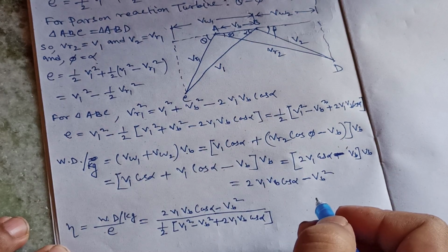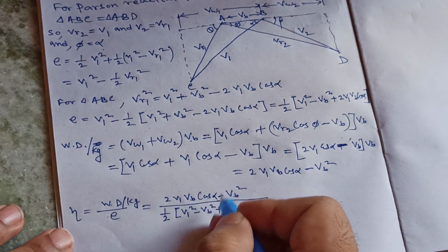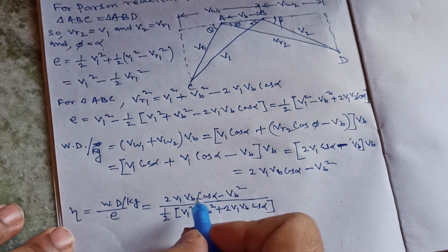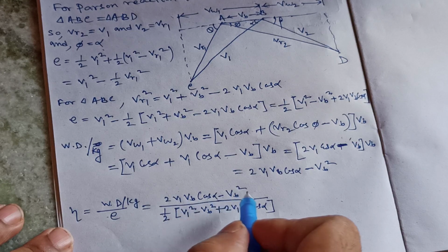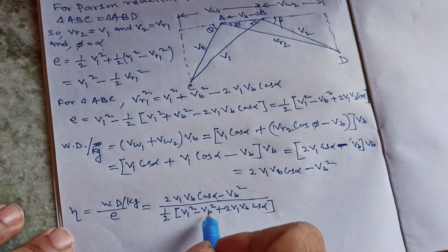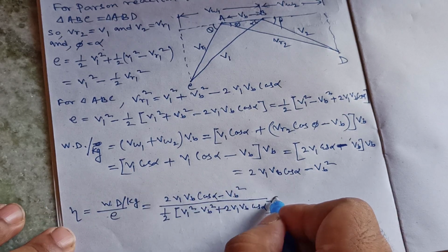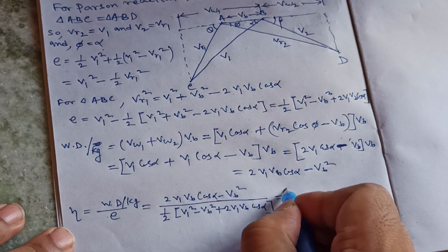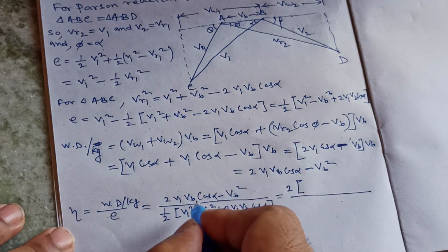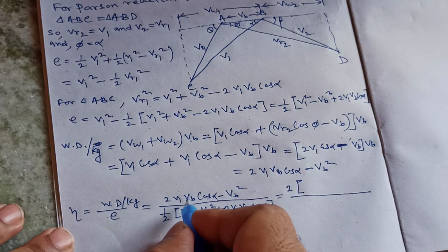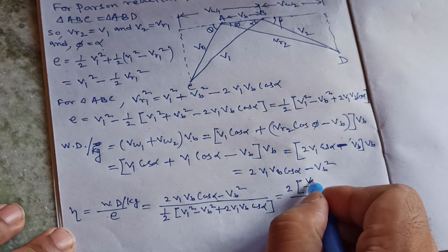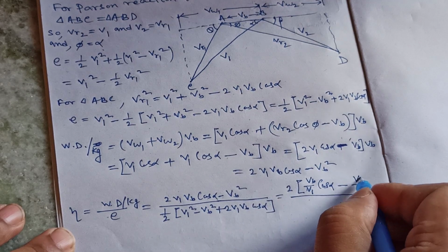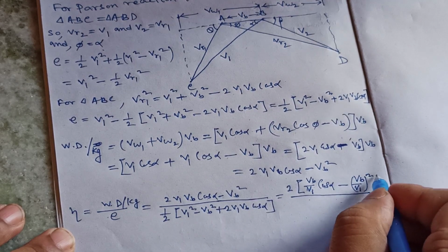Okay. Now if we divide both sides by V1 square, as you know this 2 is there, so I can write 2 here, and dividing by V1 square we get VB by V1 cos alpha minus (VB by V1) square.